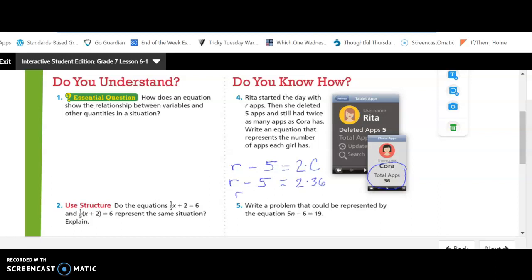So R minus 5 equals 2 times 36, which is 72. Now we have a one-step equation, which you can use your skills from yesterday to solve, because the opposite of minus 5 is plus 5, and you can solve to figure out how many apps Rita started the day with.